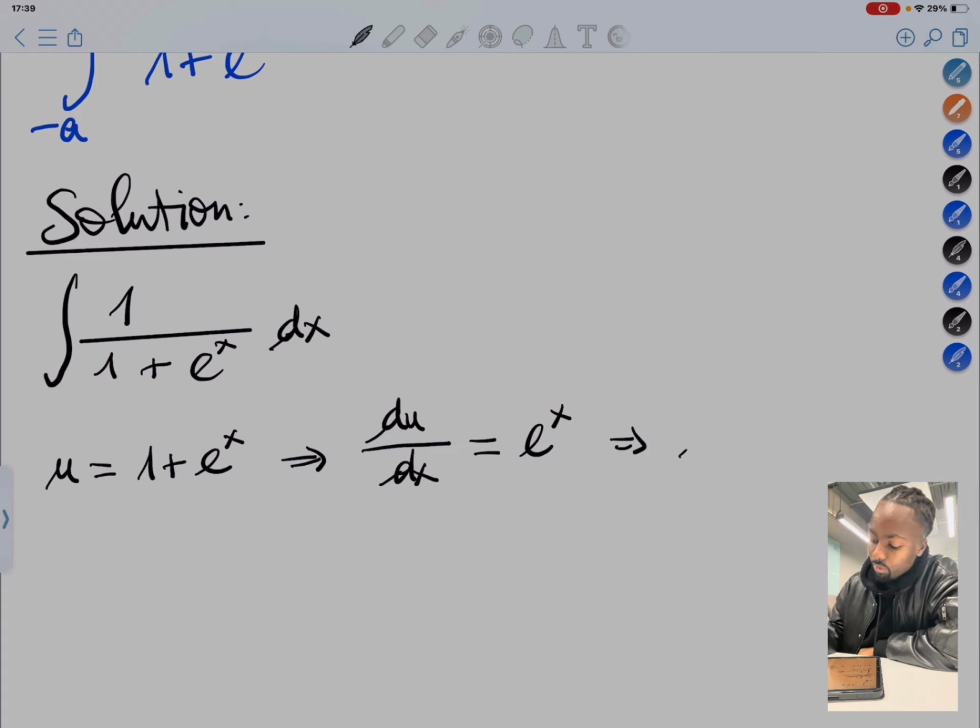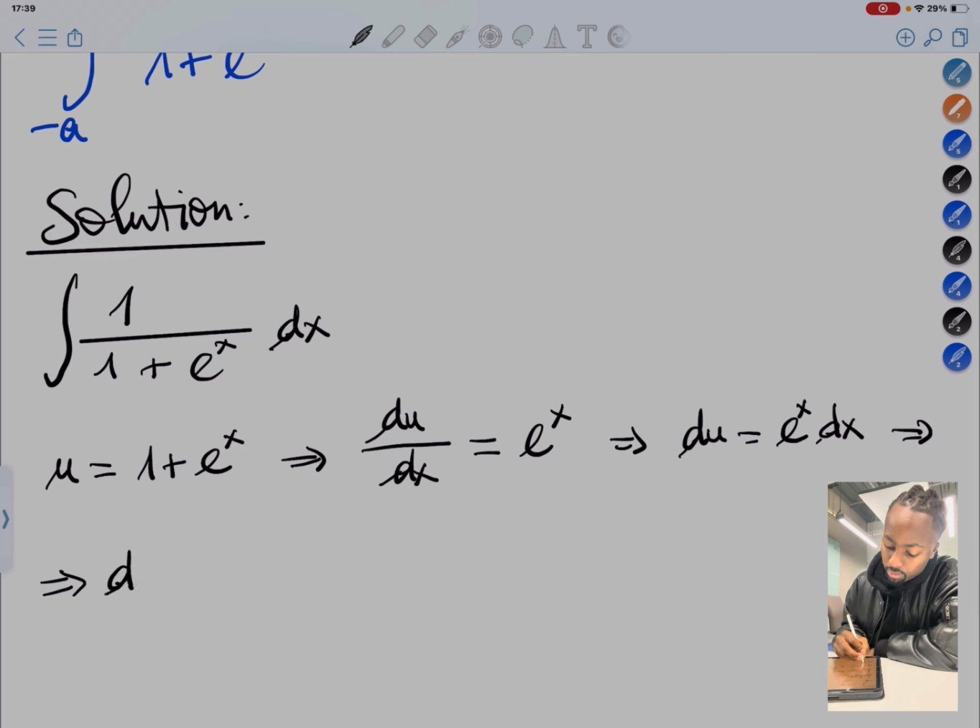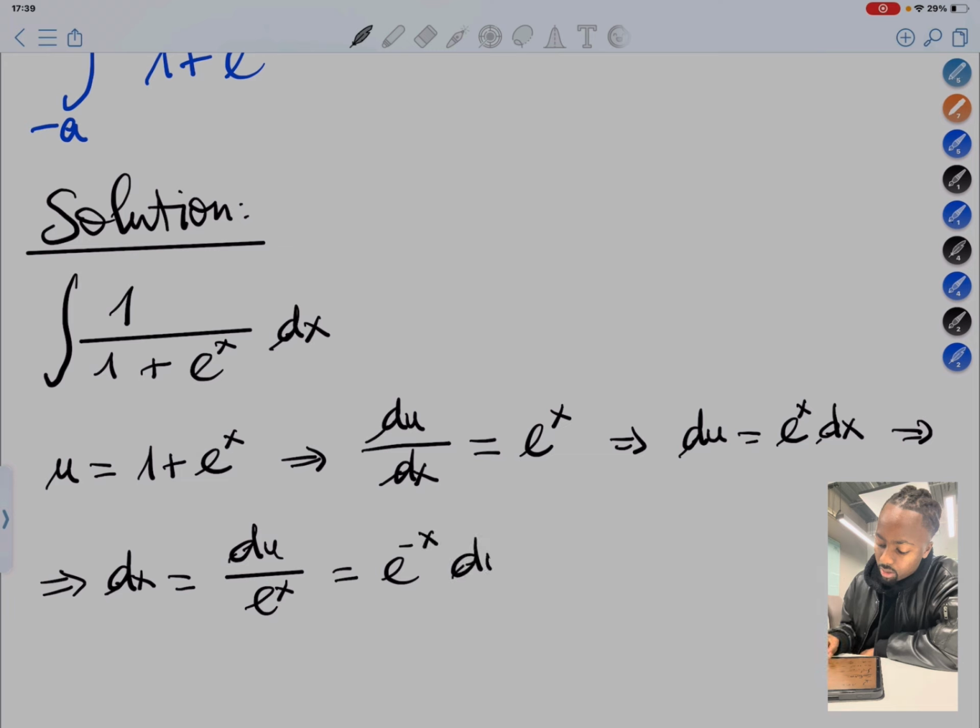Now if you cross multiply, we're gonna have du is equal to e to the power x dx. Now from this, our dx, we divide both sides by e to the power x, would be du over e to the power x, which is the same as e to the power minus x du.